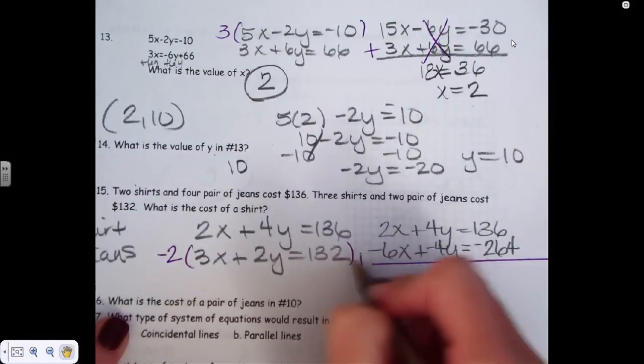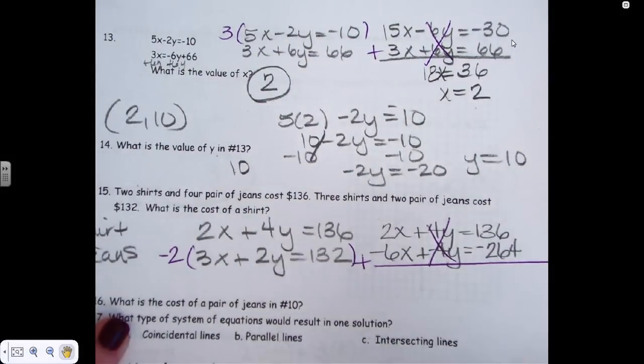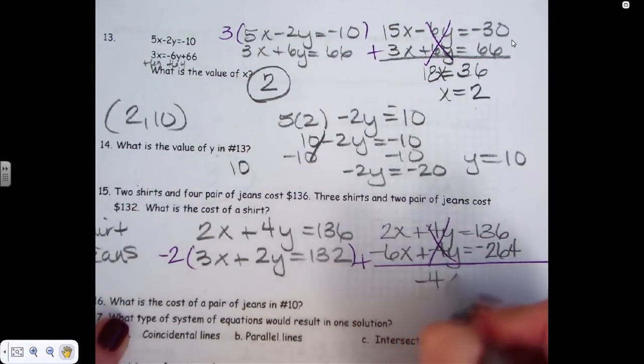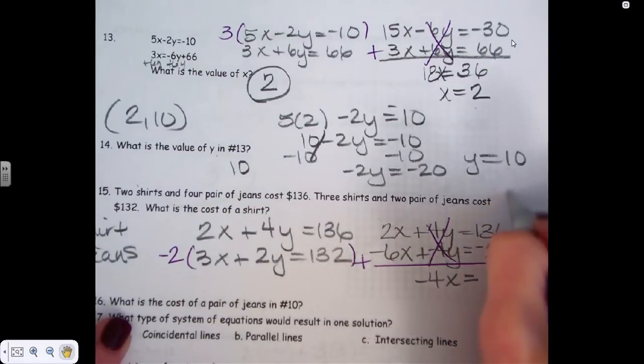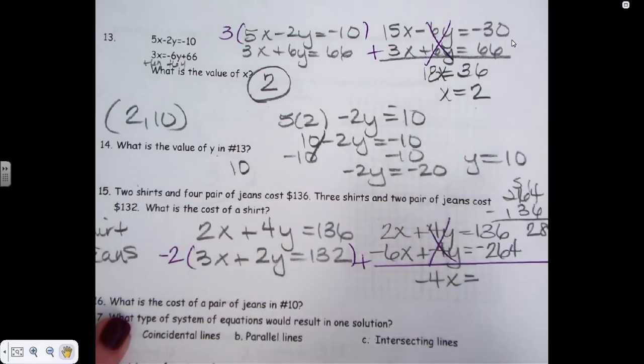I'm going to add, my y's go away. So this gives me a negative 4x is equal to, remember when you subtract, the bigger number goes on top. So you get 128. And it's a negative.